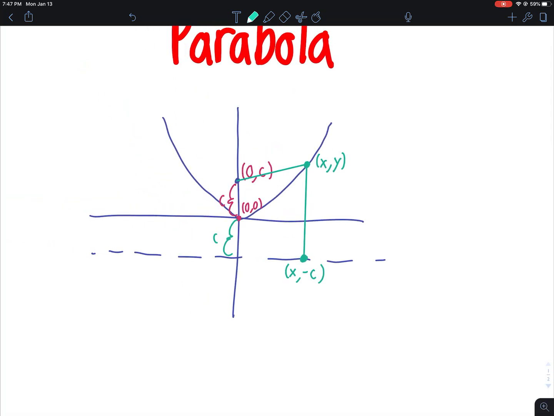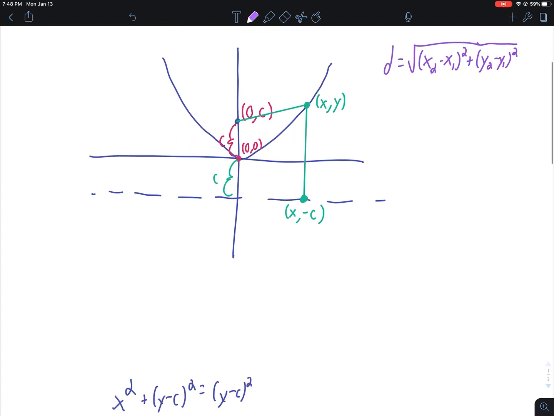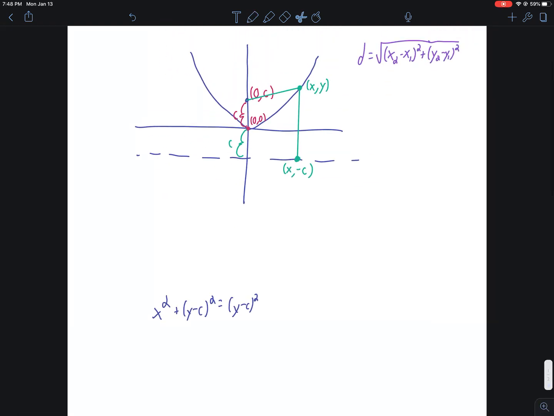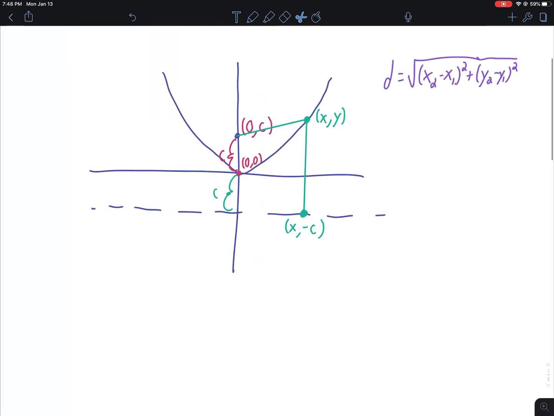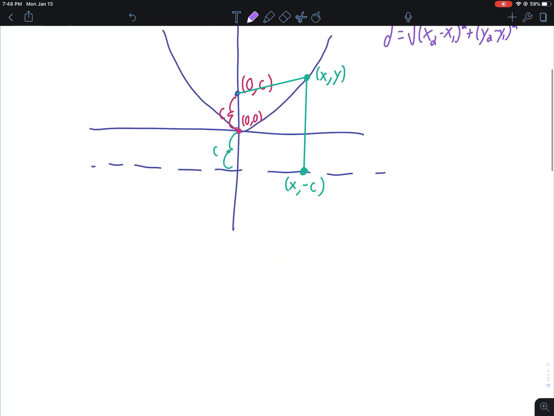Since we have our points, let's remind ourselves of the distance formula: d is the square root of the difference of the x coordinates squared plus the difference of the y coordinates squared. We should also remember that by definition of the parabola, that distance right there has to equal that distance.